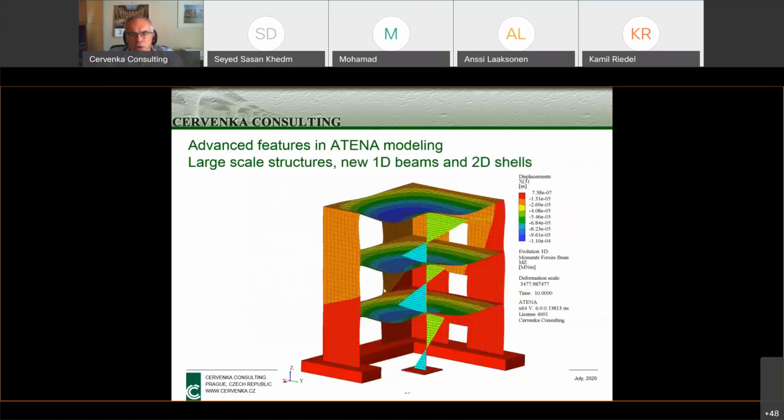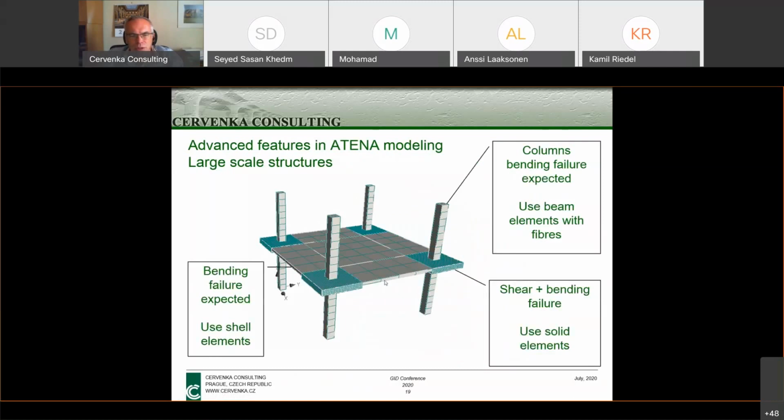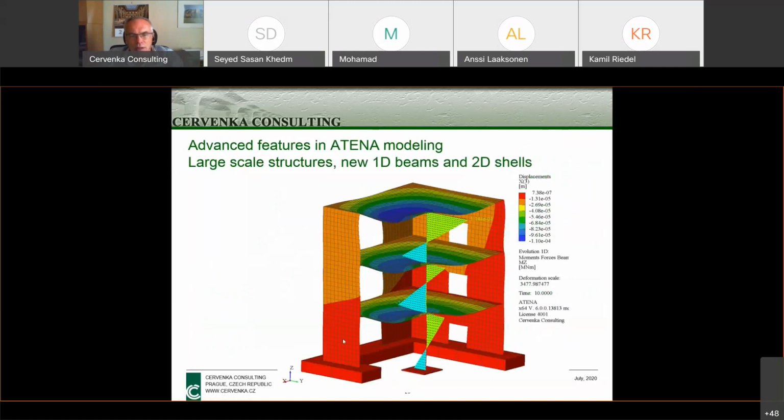Okay, so let's go to the next one. Yes, here we are using these 3D shell elements and 3D beam elements. And now in ATENA, in the recent versions, we also have a possibility to use more standard 2D shells and 1D beams, like you know from other software.